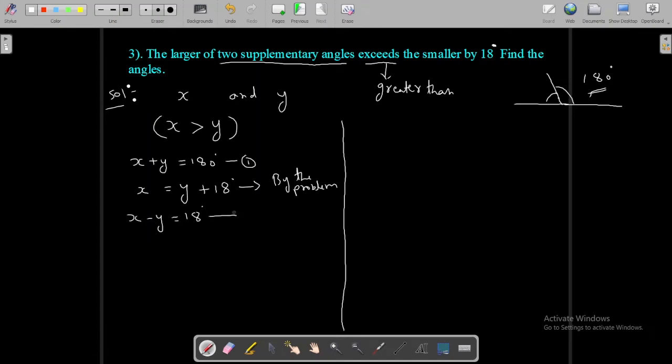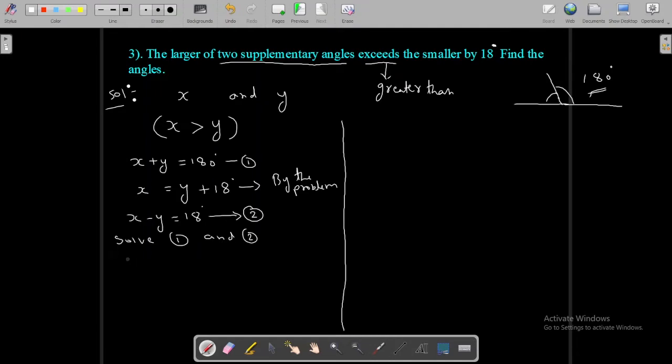This will be my second equation. So I am getting two equations, 1 and 2. Now we'll solve equations 1 and 2.